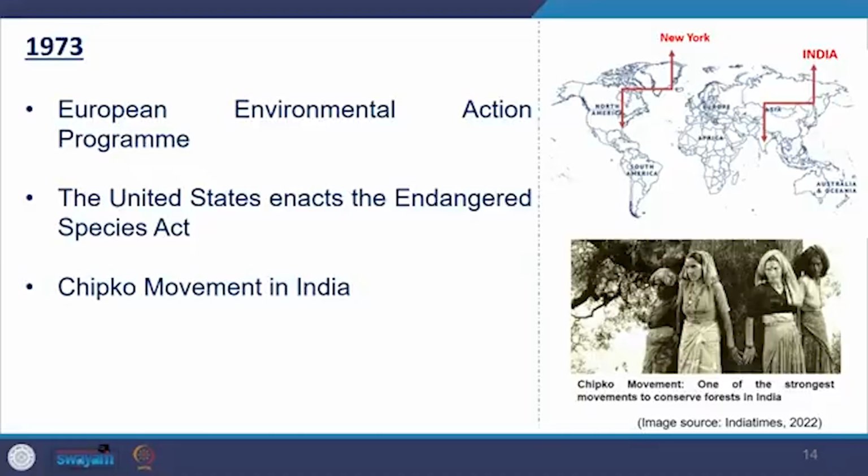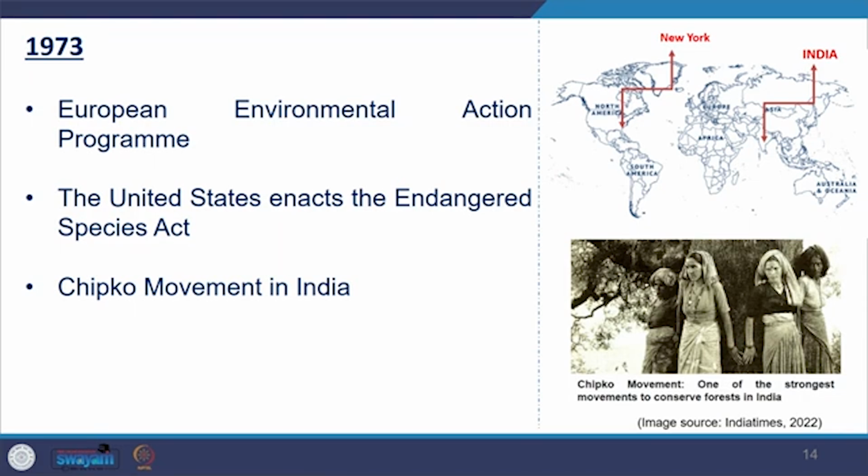So in the same year, you see that the European Environmental Action Programme was launched, and this was the first attempt to synthesize a single environmental policy. So this was the first time they were trying to have a single environmental policy for the European Economic Community. So the entire European community would have a single policy.